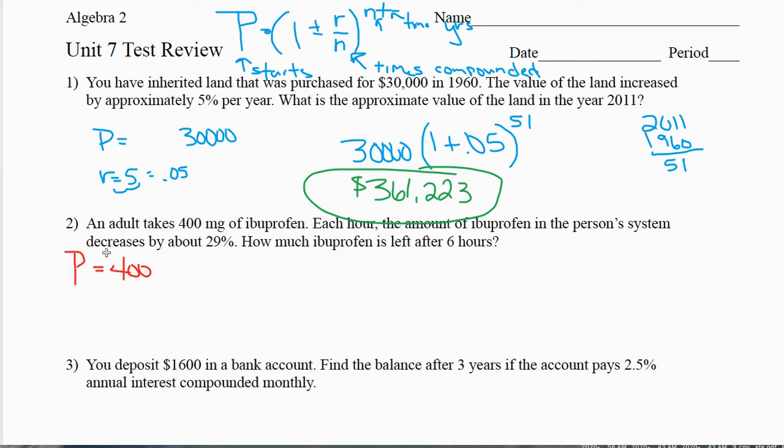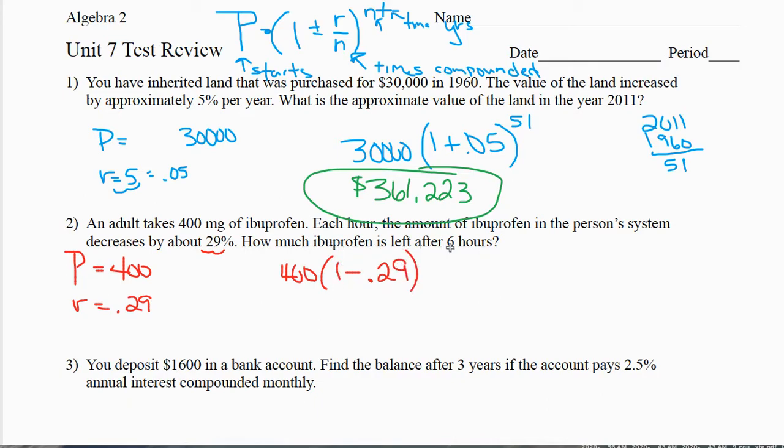So it decreases tells me I'm going to subtract from 1. So we are going to take 400 and we are going to do 1 minus. Now the rate is 29%. So instead of having the percent sign, again, I move the decimal to the left or divide by 100. That becomes 0.29.